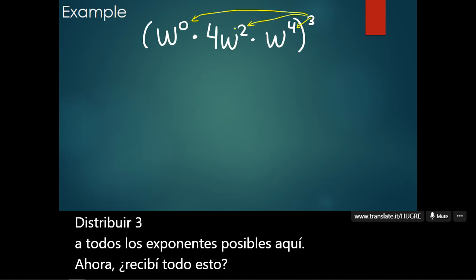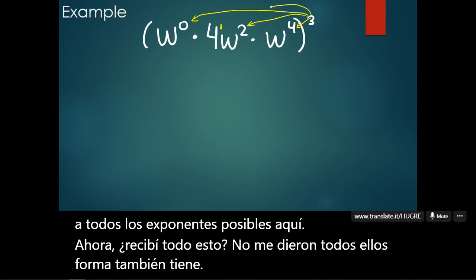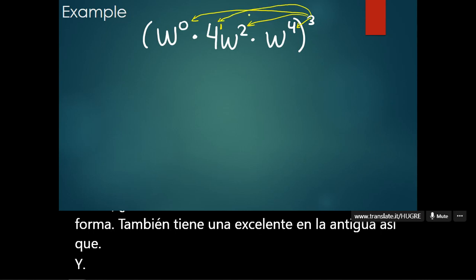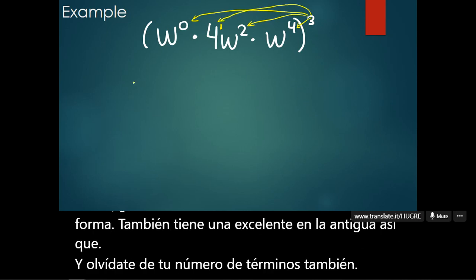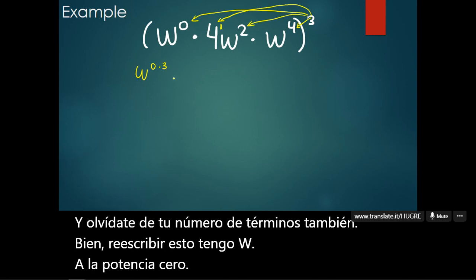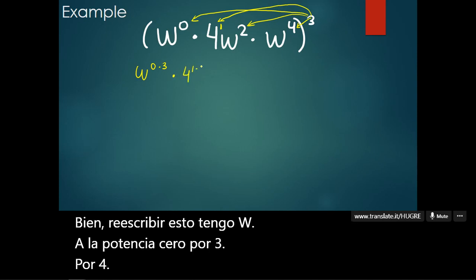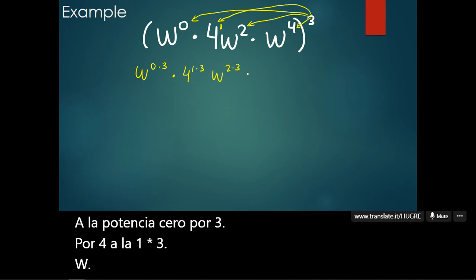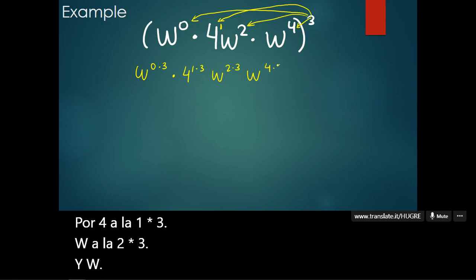I did not get all of them. 4 also has an exponent of 1, so don't forget your number terms as well. All right, so rewriting this, I have w to the 0 power times 3 times 4 to the 1 times 3, w to the 2 times 3, and w to the 4 times 3.